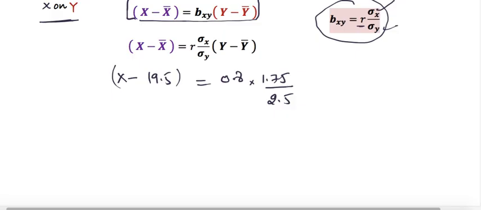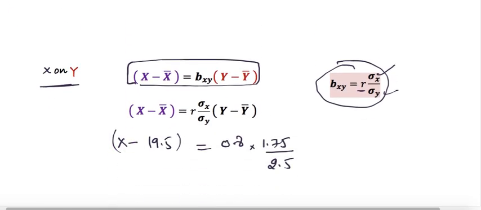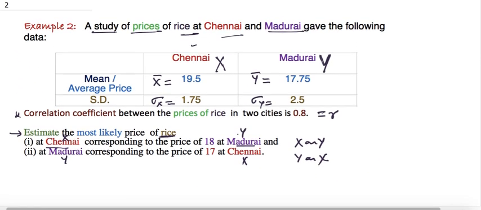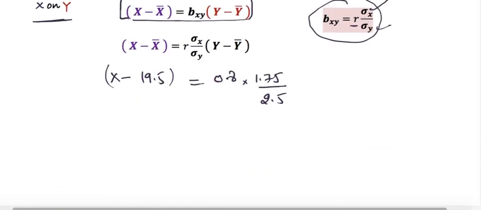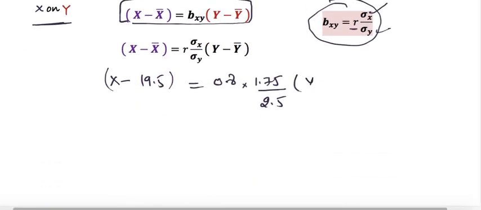Let us check once again. 1.75 upon 2.5 and then we have y minus y bar, and y bar is given to us as 17.75. Now we are going to simplify it. We can simplify the outer value first. When we multiply 0.8 with 1.75, we are getting this value.